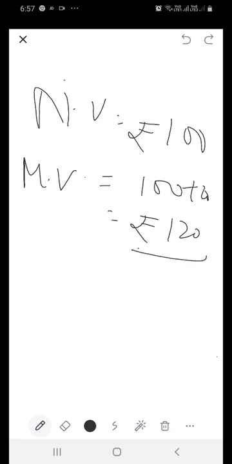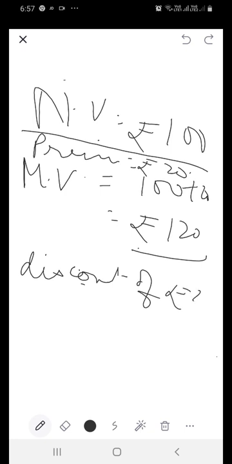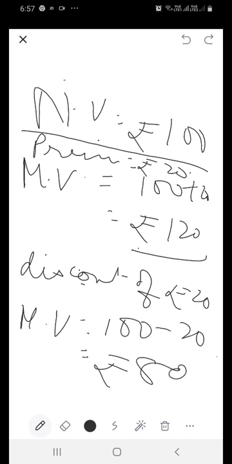And if I say nominal value is the same I am taking, but if I say that the share is available in the market at a discount of 20 rupees, then what will be the market value? 100 minus 20, that is rupees 80.